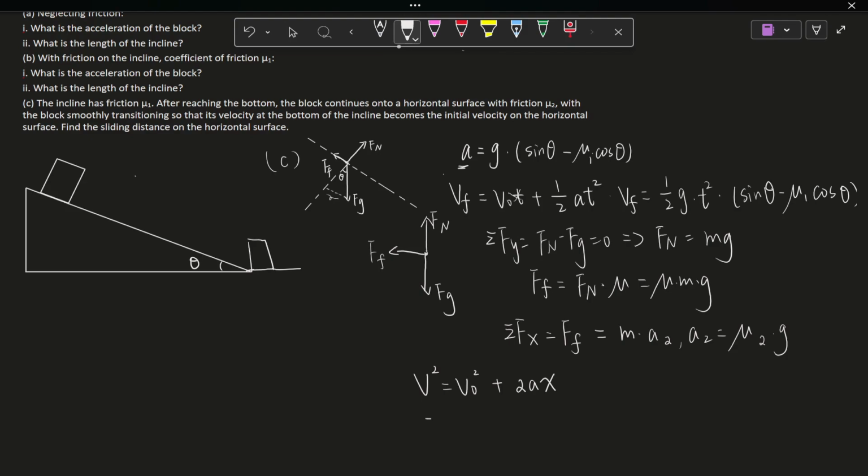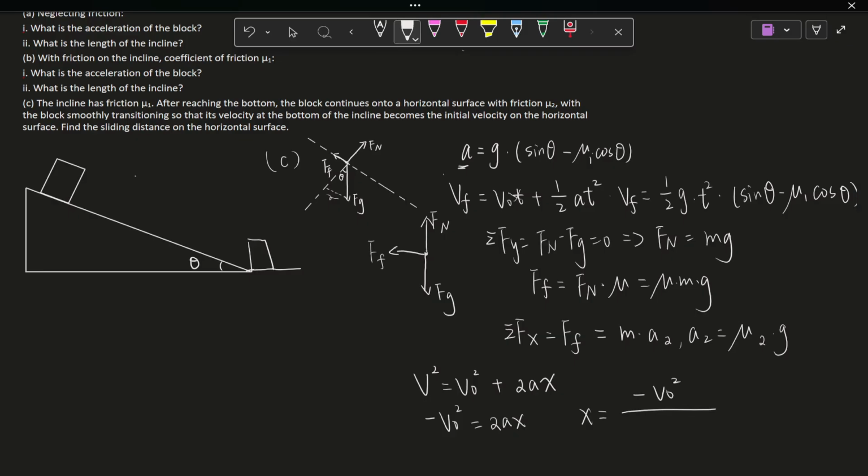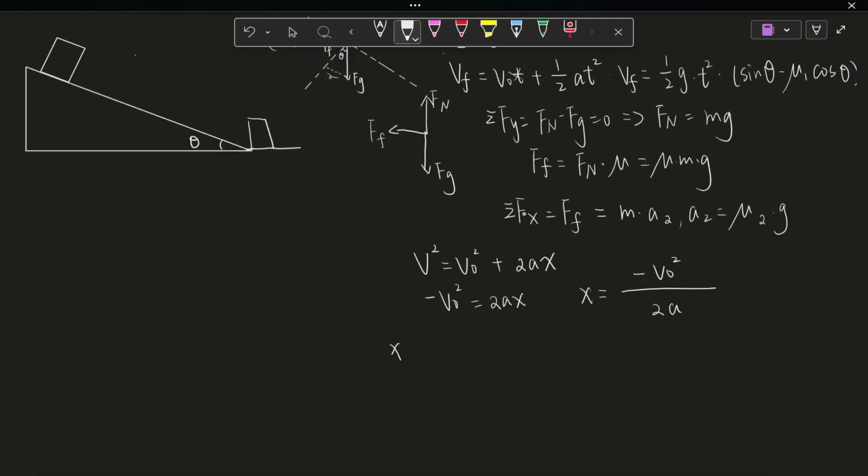So negative v naught squared is equal to 2ax. Now we can find x, which is equal to negative v naught squared over 2a. However, it's asking for the distance, which must be positive. And v naught squared is positive, and for 2a we can just plug in the magnitude, which is also positive, so the distance x is equal to positive v naught squared over 2a.